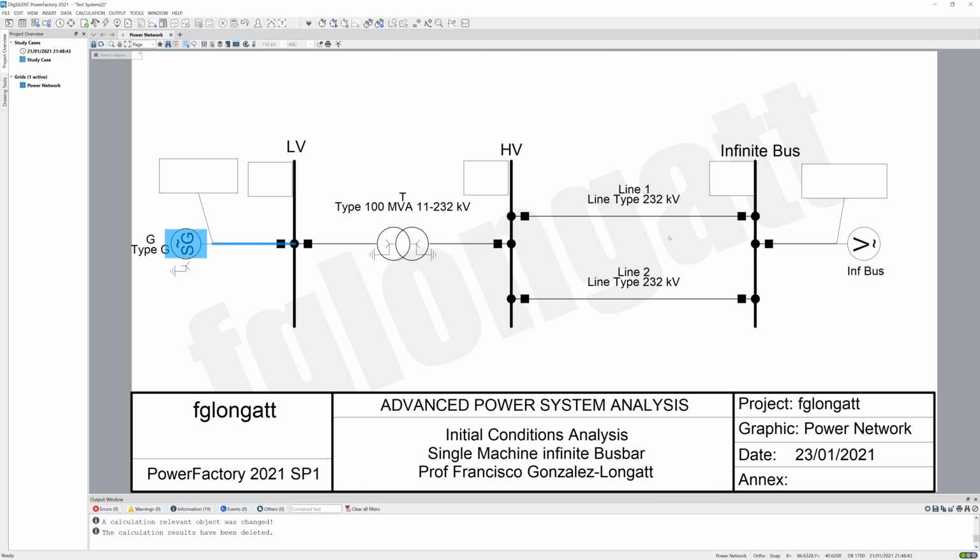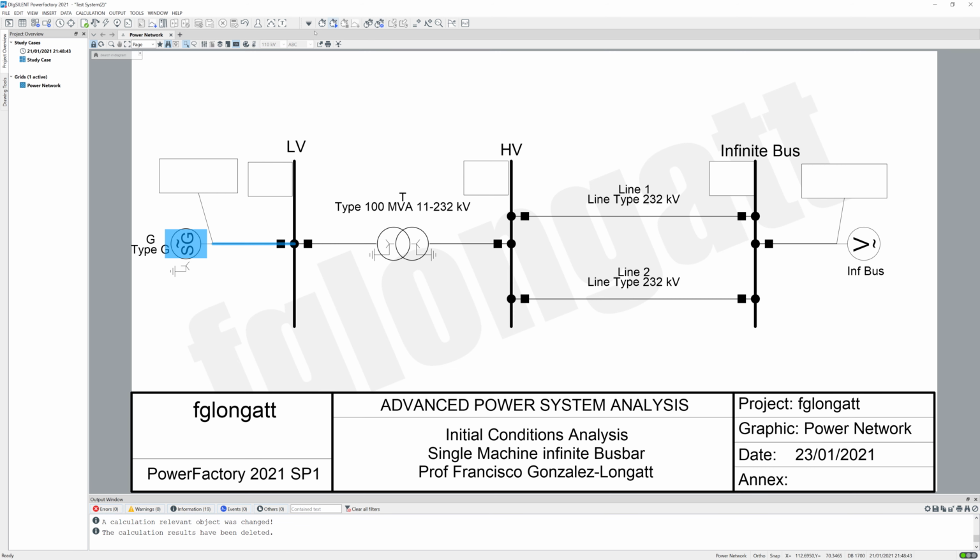Now it's time to run the initial conditions, okay? If you are following my videos and you are in my classes, of course, you already had a class explaining how to run initial conditions inside PowerFactory. It's extremely simple, okay? Here at the toolbar over here, you can see that there is an icon related to calculating initial conditions, okay?